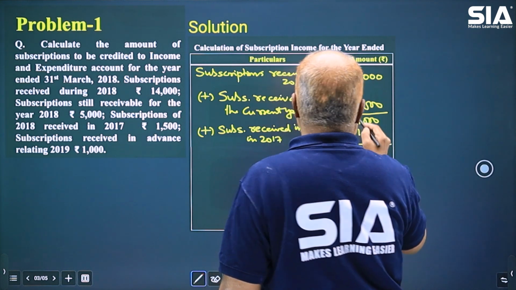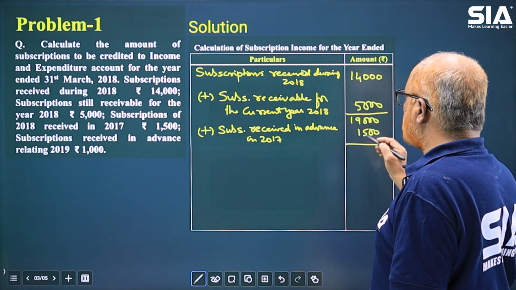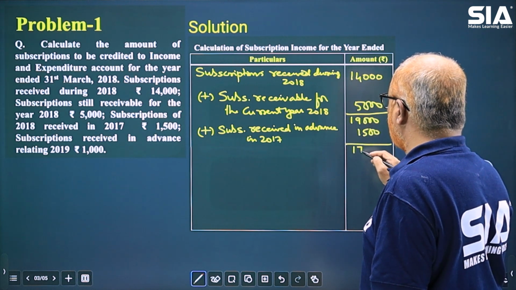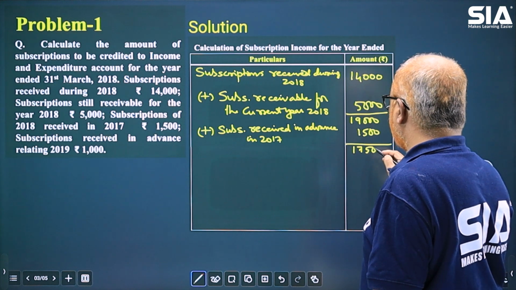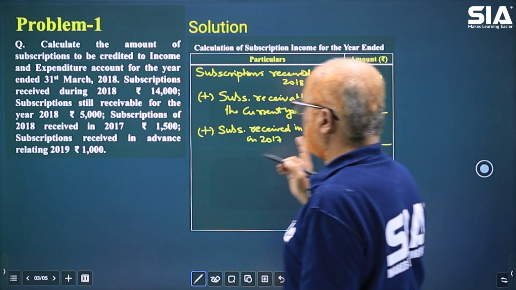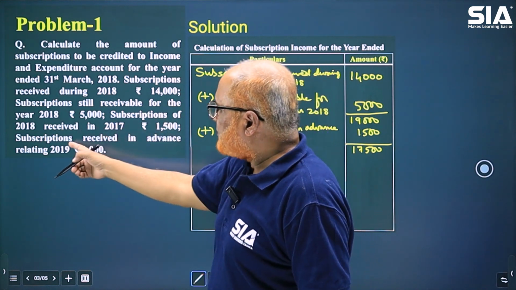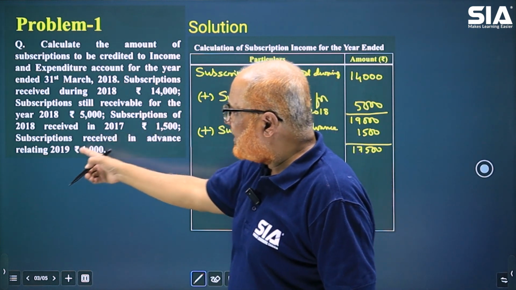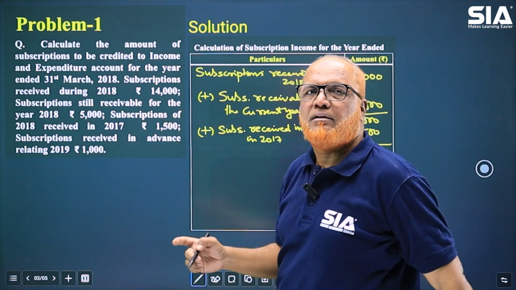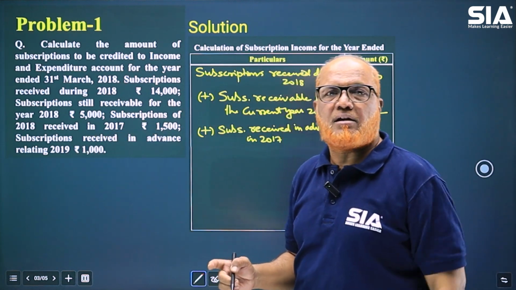Now subtract 1,500. So 19 minus 1,500, 17,500. Then, subscription received in advance relating to 2019. 2019 means next year.